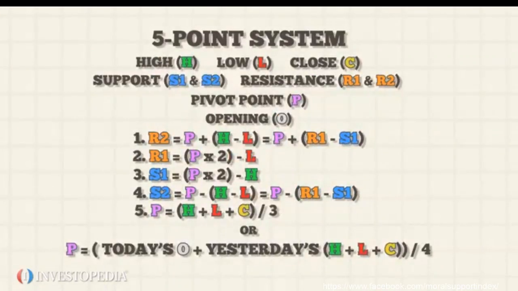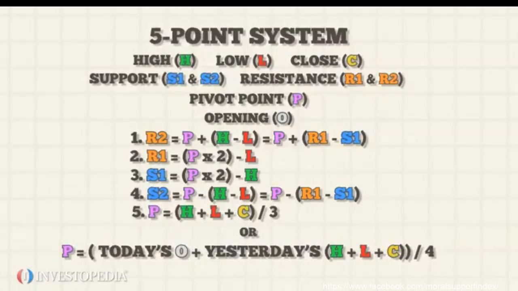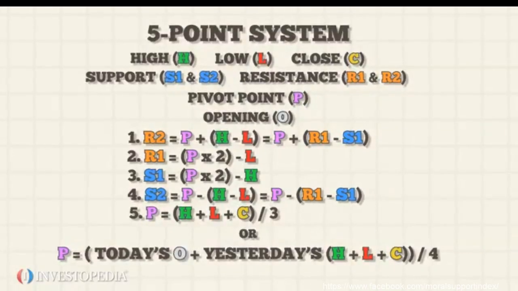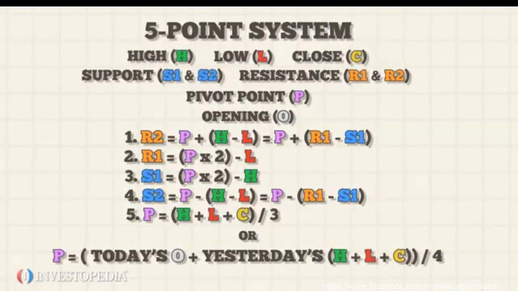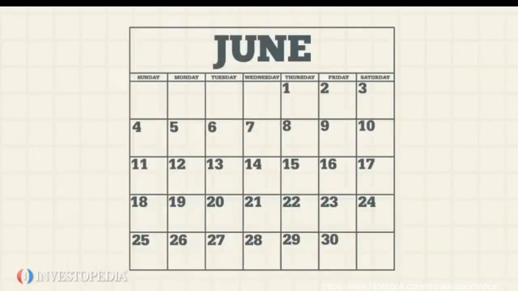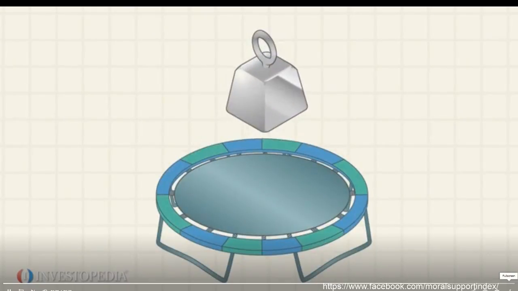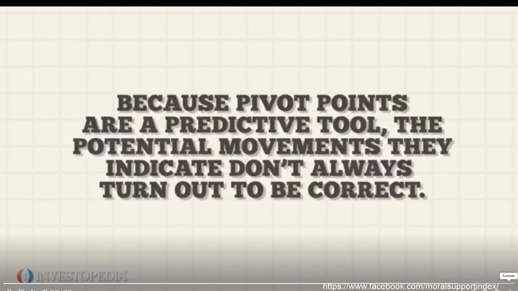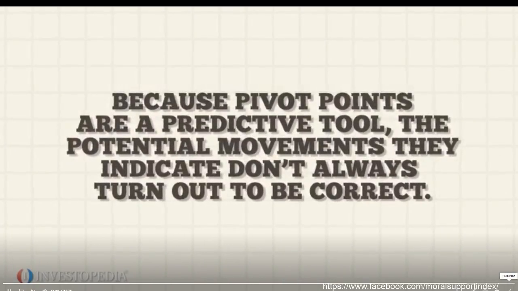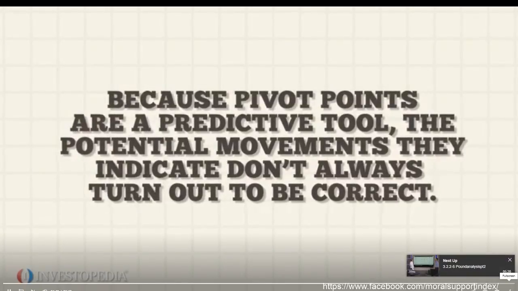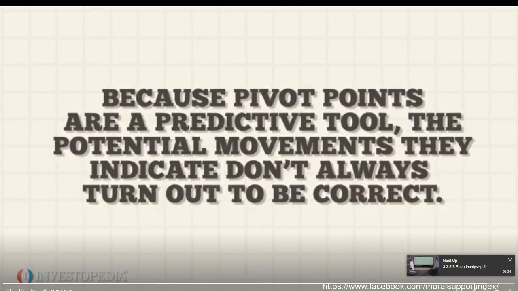When used in conjunction with other technical analysis tools, pivot points can help day traders increase their odds of executing profitable trades. Pivot points can be calculated on a weekly basis for use by swing traders or on a monthly basis for position traders to estimate upcoming support and resistance levels. However, because pivot points are a predictive tool, the potential movements they indicate don't always turn out to be correct.